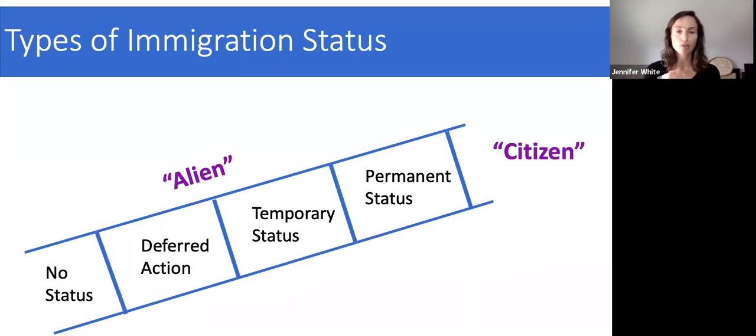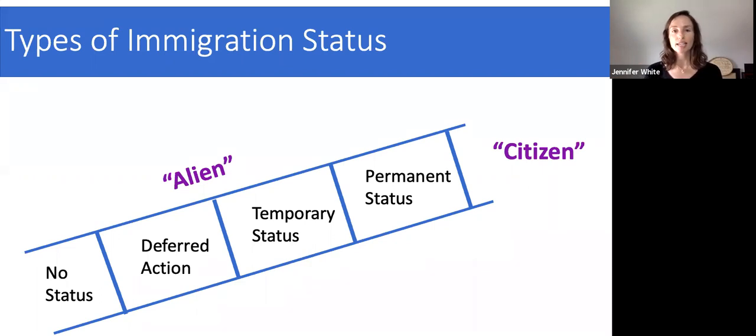Like, for example, deferred action, the second rung on the ladder, is better than having no status. Similarly, temporary status is better than having deferred action. I didn't formulate this to show you the different steps that immigrants have to take to get status. It's more to show you the layers of protection, because it would actually be very rare for an immigrant client to go through every rung on the ladder. So just keep that in mind.